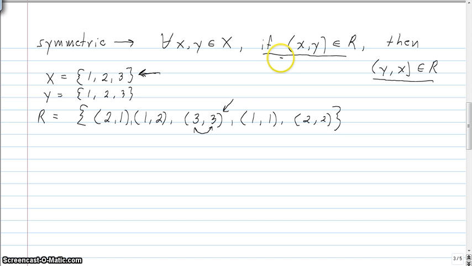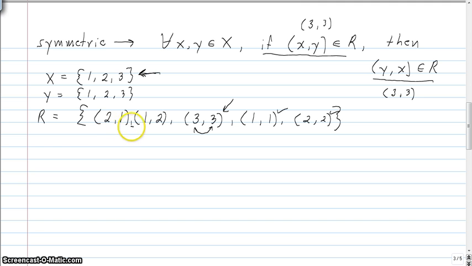So, of course, this if-then statement is going to be true. If 3, 3 is in our relation, which it is, then we flip those elements around, then 3, 3 is also in the relation. Right? So same thing's going to be true for this element and this element. So those fit the definition of symmetric.